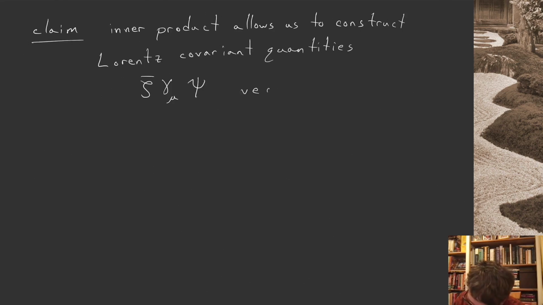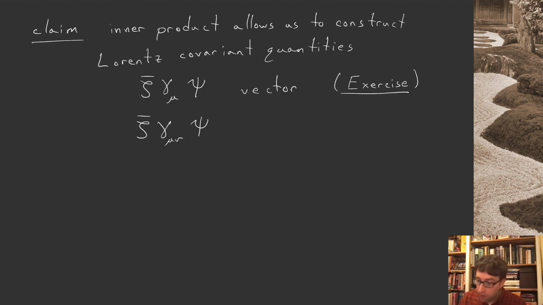This turns out to transform just like a vector under Lorentz, and I've assigned an exercise to show this. And you can keep going, as you might imagine. You could, for example, use this antisymmetric quantity gamma mu nu sandwiched between the two spinors, and this will give you an antisymmetric tensor under Lorentz. And the fun continues. Put what you like between the two spinors, appropriately symmetrized, and you'll get a nice Lorentz covariant quantity.